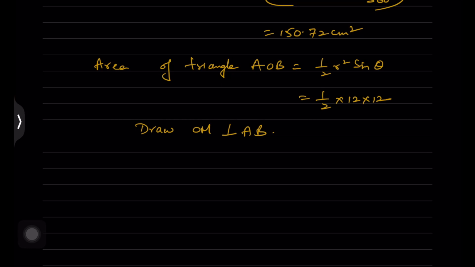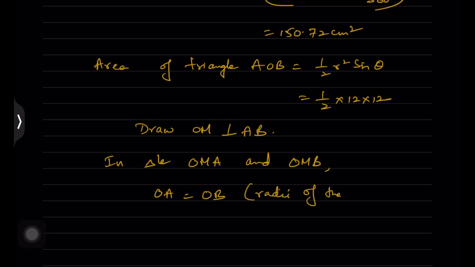From which congruence condition do we get that both the triangles are congruent? So consider triangle OMA and OMB. OA is equal to OB, these are radii of the same circle.